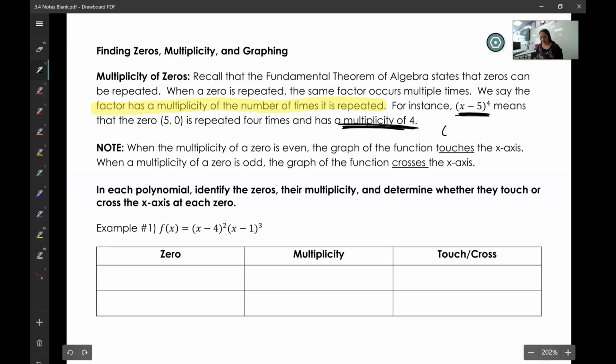It would be x minus 5, x minus 5, x minus 5, x minus 5. It occurs 4 times. That's what to the fourth means. So that exponent on that factor is called the multiplicity of that factor.